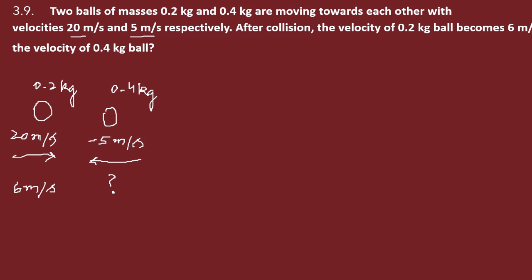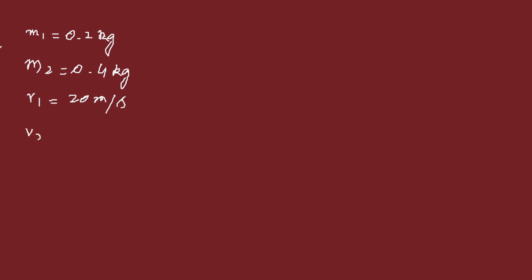First of all, we write the data here. For example, the mass of the first ball m1 is equal to 0.2 kg, and the mass of the second ball m2 is equal to 0.4 kg, and the velocity of the first ball, let it be v1, is 20 meter per second, and the velocity of the second ball, v2, is negative 5 meter per second.